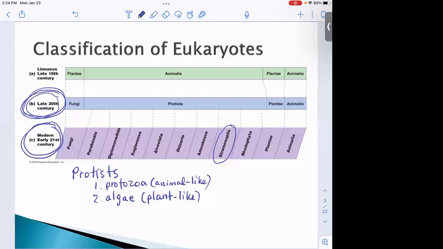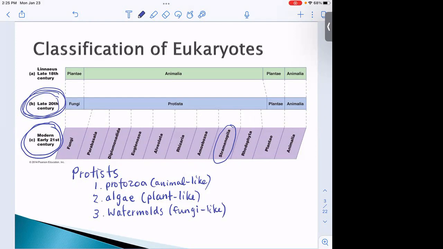It's not just that algae are little plants. And that includes this group called the water molds that we're not going to talk about anymore, but they act a little bit more like fungi. So that's a group of the protists.